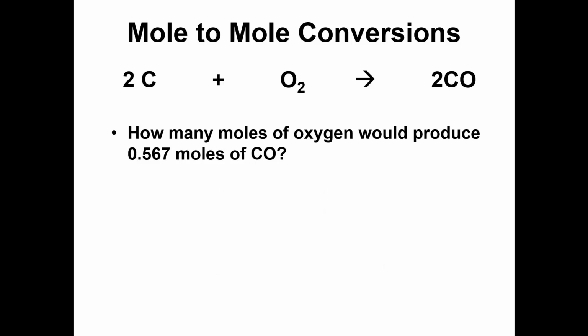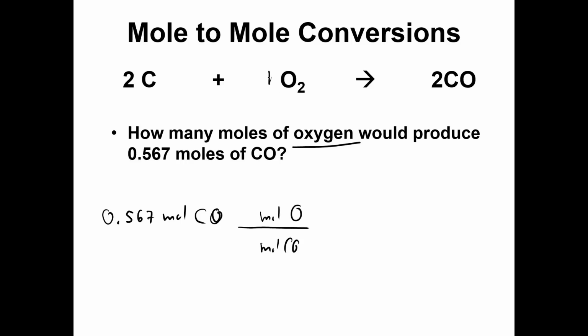Okay, so here we have how many moles of oxygen would produce 0.567 moles of CO2. So we have 0.567 moles of CO2. Probably I said CO again, didn't I? Need to divide by moles of CO2. I'm looking for oxygen and multiply by moles of oxygen.